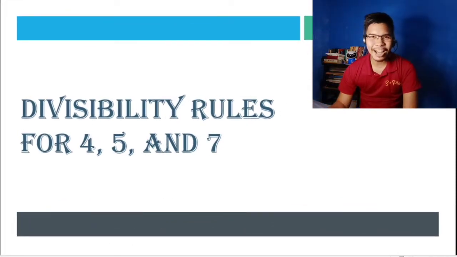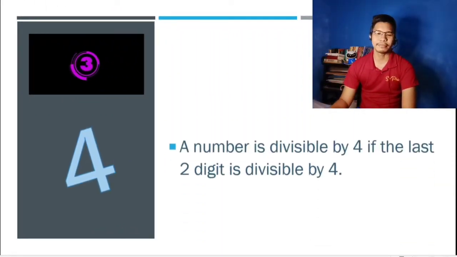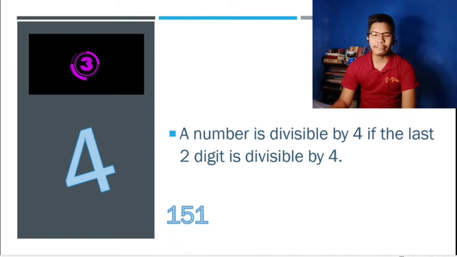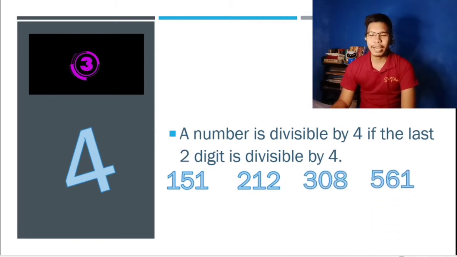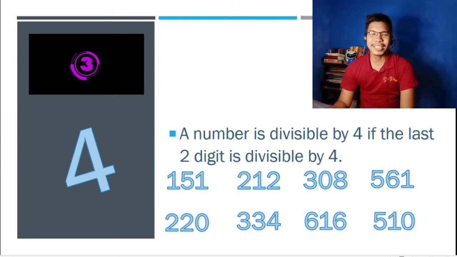Okay, let's now start with 4. A number is divisible by 4 if the last two digits are divisible by 4. So I have here examples: 151, 212, 308, 561, 220, 334, 616, and 510.